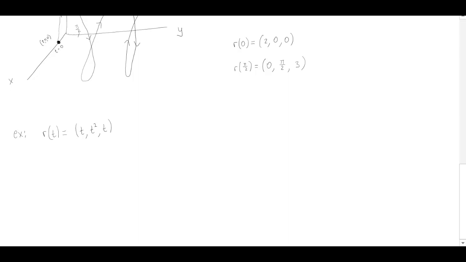All right, and let's try to sketch this curve. So no cosines or sines, so it's not going to really have any sort of circular or elliptical shape to it. All right.